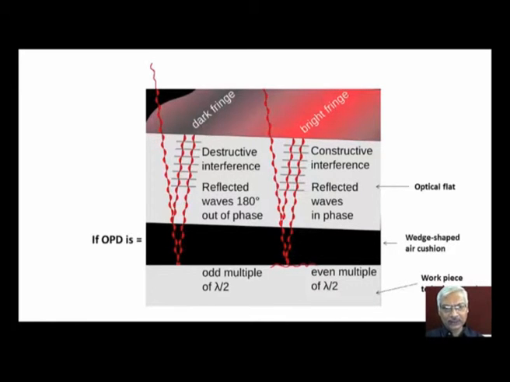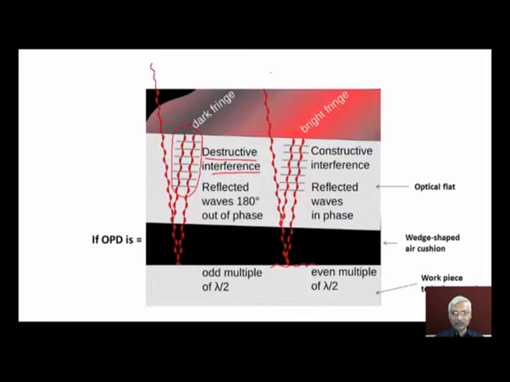So here we can observe the optical path difference between these two waves. If it is equal to odd number of wavelength, then a complete interference happens and dark fringe appears. And you can observe that in this region the two waves are out of phase, and hence destructive interference happens.